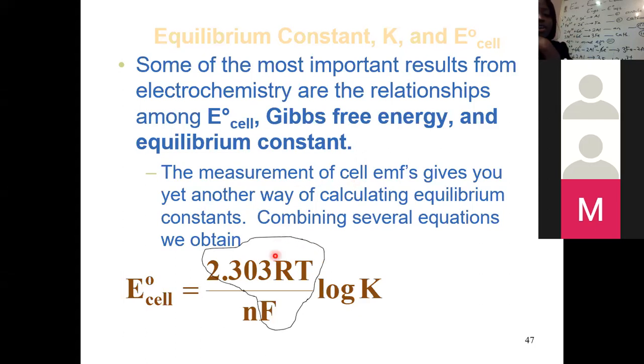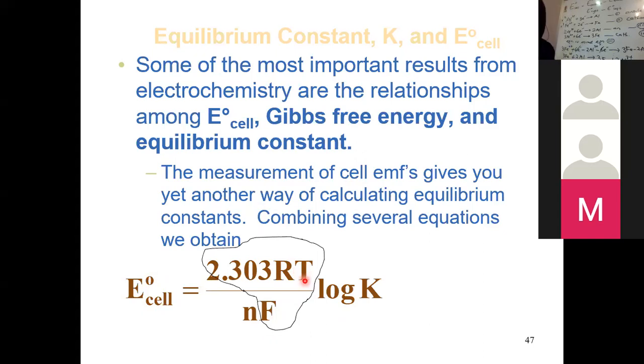Every other value here is a constant. Your R is your gas constant, your T is your temperature, and since we're talking about standard cell EMF, we'll be talking about standard states too. So you have your gas constant, your temperature, and your Faraday constant. Your temperature at standard condition is 25 degrees Celsius, so it is a constant.